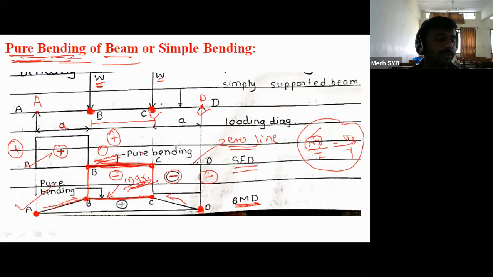Therefore, we can say that the portion BC is subjected to pure bending, where the effect of shear is totally neglected.